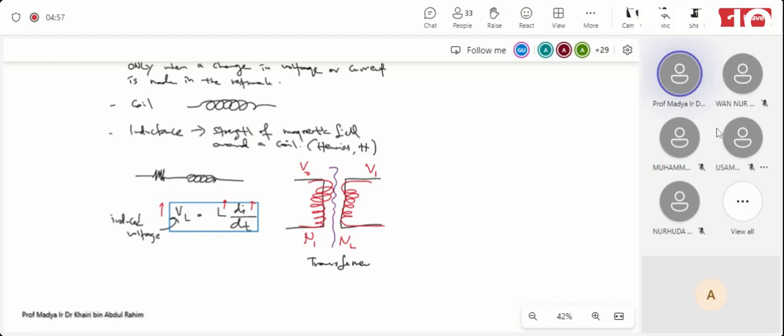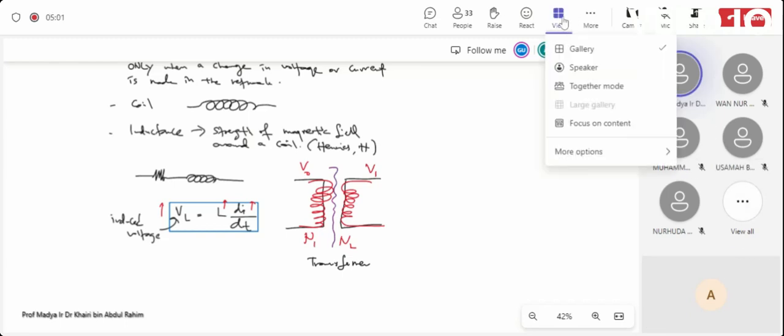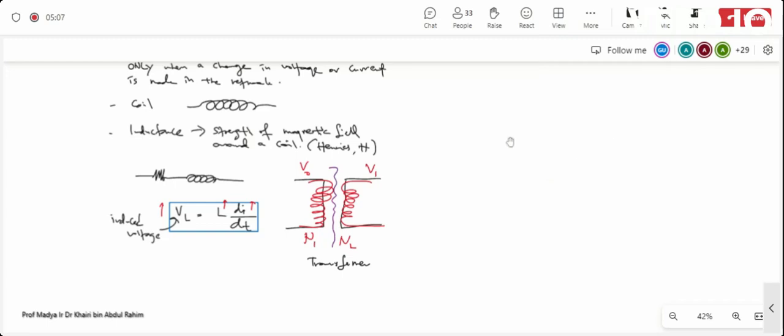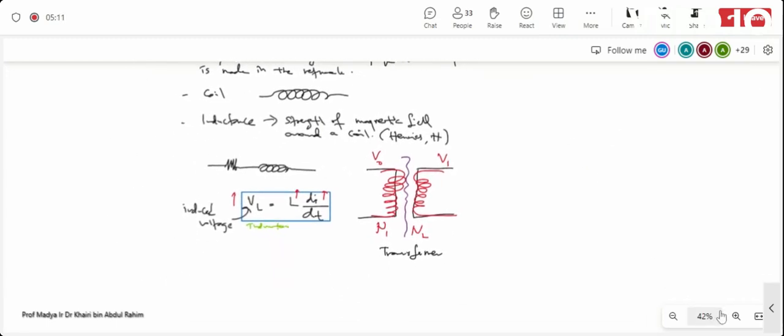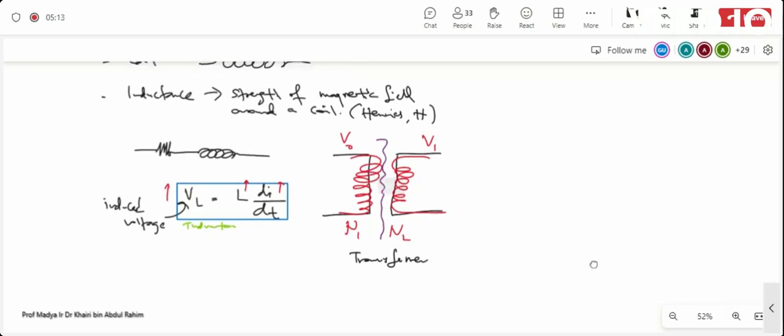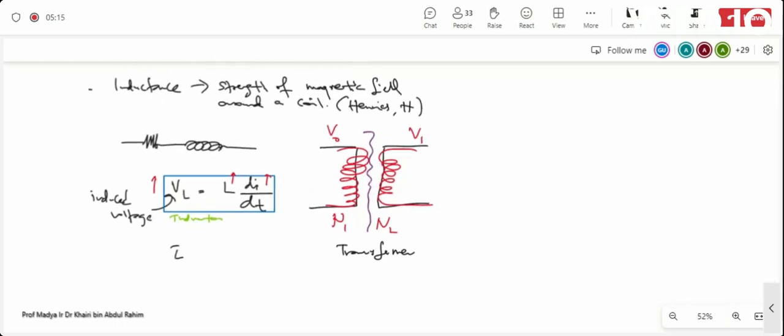Right. So similarly, yesterday, I'm not sure if I mentioned it to you. Similarly, this is inductors, right? So yesterday we should have this capacitance.